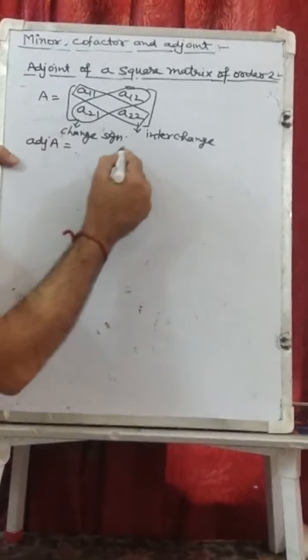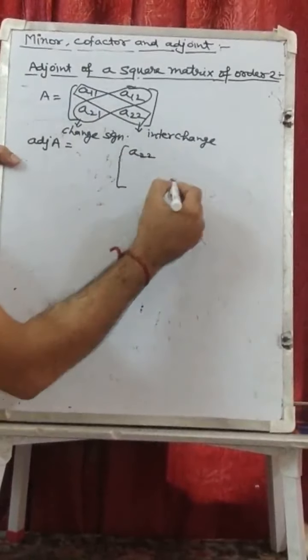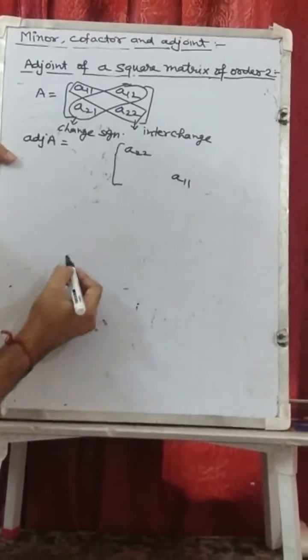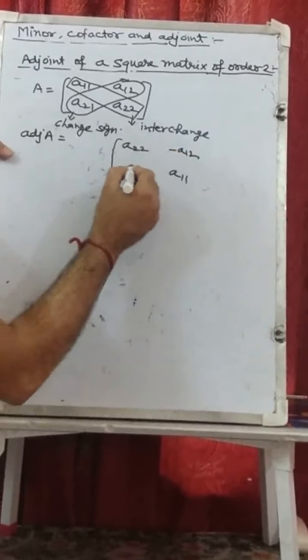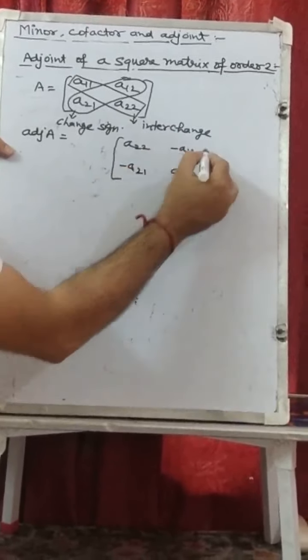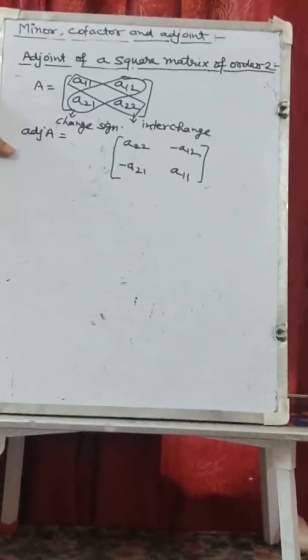So directly the adjoint of A can be written as A22, minus A12, minus A21, A11. This is the adjoint of A for a square matrix of order 2.